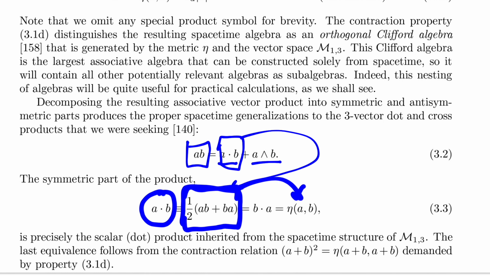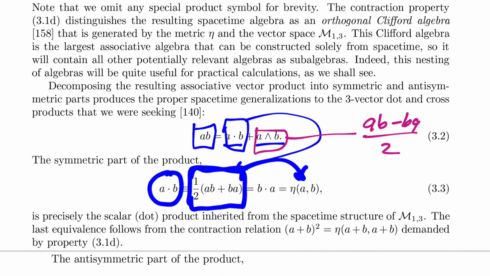The only thing left, this wedge product, must equal the anti-symmetric piece, because the dot product accounts for the entire symmetric piece. You need to get to AB, so all that you have left is the anti-symmetric piece. And so this anti-symmetric piece is identified as the wedge product.